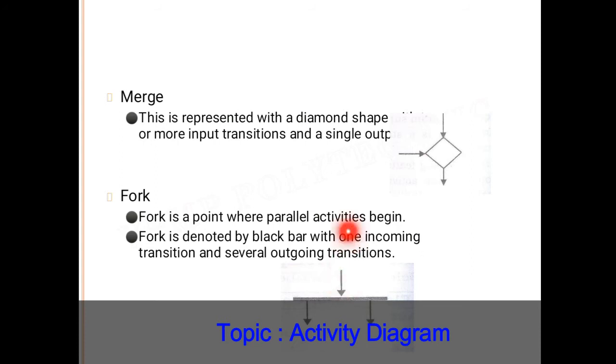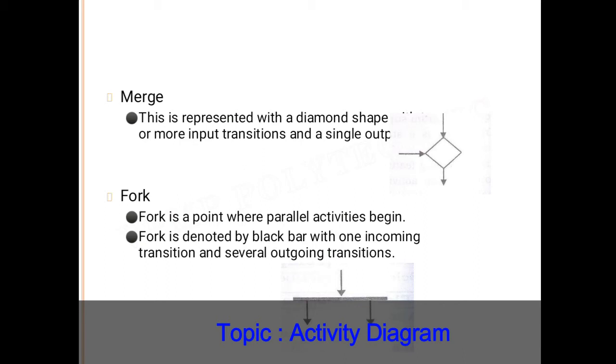So one incoming and two or more outgoing transitions with a black bar is known as the fork symbol.